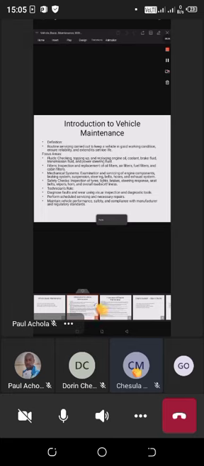Okay, so we're going to the next system, the mechanical system. Under the mechanical system, this comprises the overall systems that we find in the vehicle. As stated before the start of the lesson, a vehicle comprises different systems.